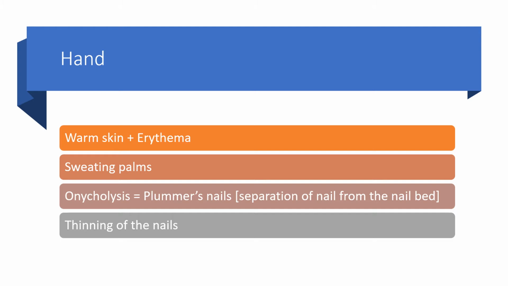And when you check the nails again, the nails could be thinning out. So looking at the hands for the features of hyperthyroidism, the nails, sweating palms, and warm and erythematous palm and dorsum, you are pointing to hyperthyroidism.